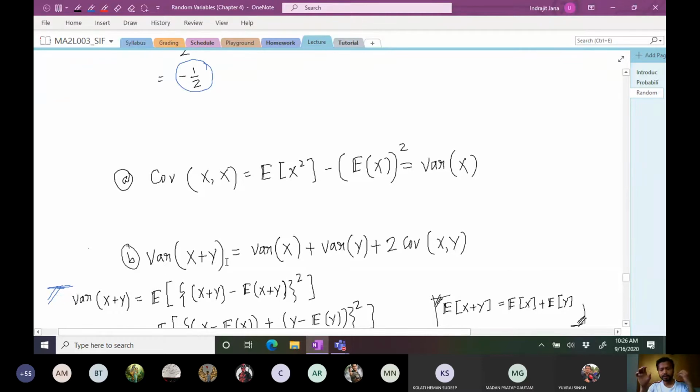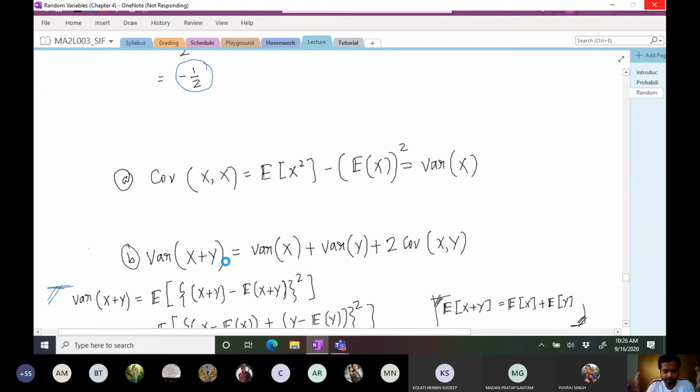If you have two random variables x and y, and you want to calculate variance of x plus y, the actual formula is variance of x plus variance of y plus covariance of x and y. So there will be this extra covariance term. It is not very important. It is not simply variance of x plus variance of y.